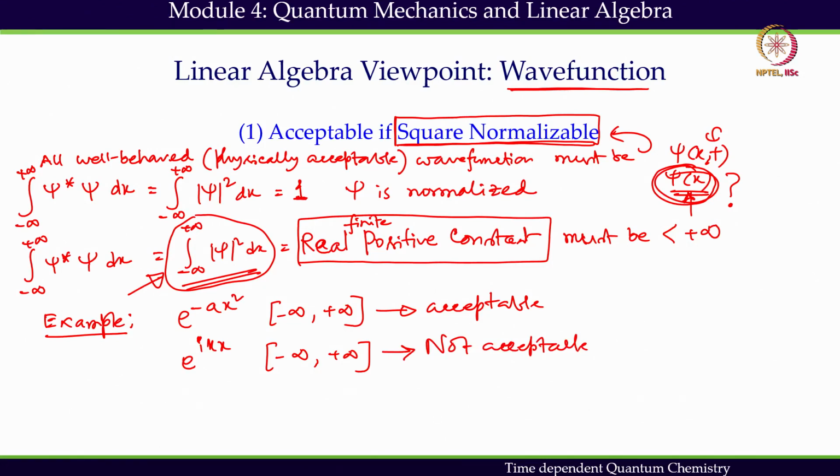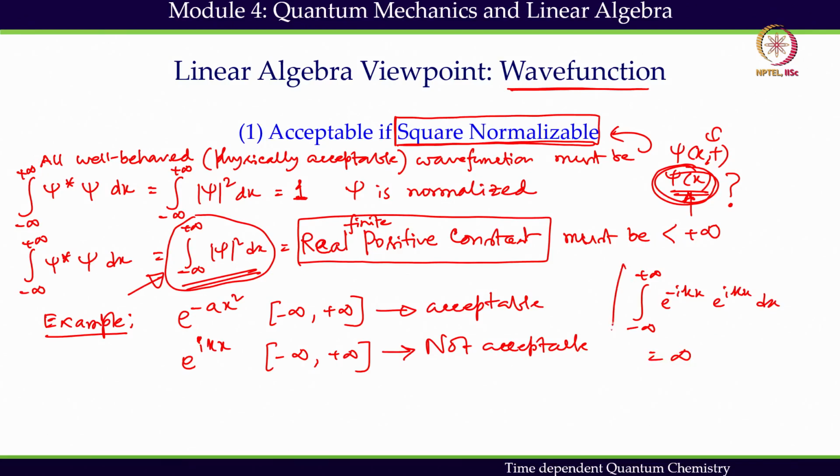If we take the integration from minus infinity to plus infinity of e to the power ikx dx, with the square modulus, it is going to be e to the power minus ikx times e to the power ikx, dx. This is going to be infinite.